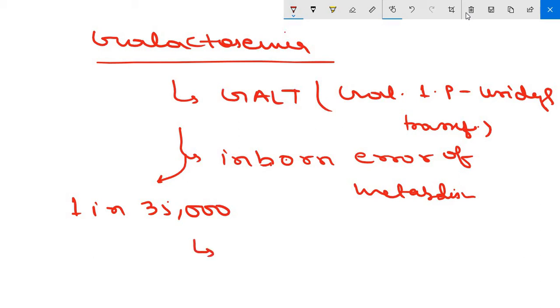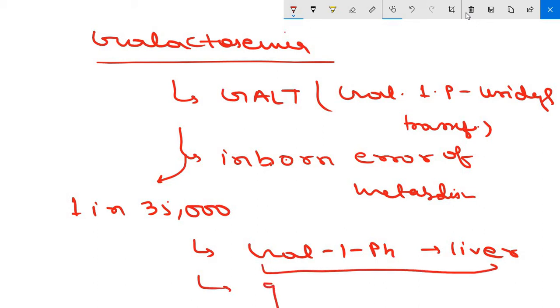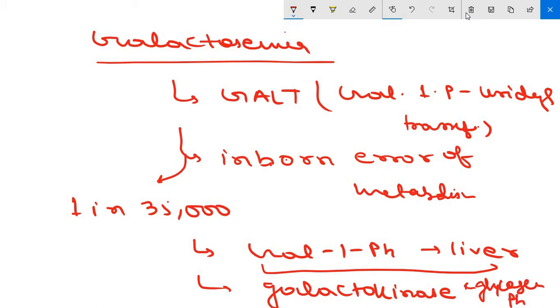Due to the block in this enzyme, galactose 1-phosphate will start accumulating in the liver. Clear? This will inhibit galactokinase, as well as glycogen phosphorylase, and this leads to hypoglycemia. This is the first clinical feature, hypoglycemia.